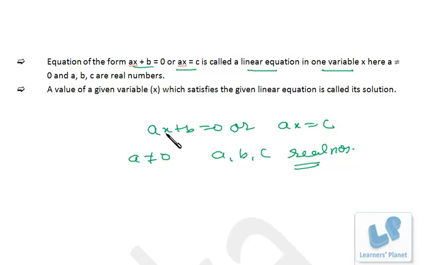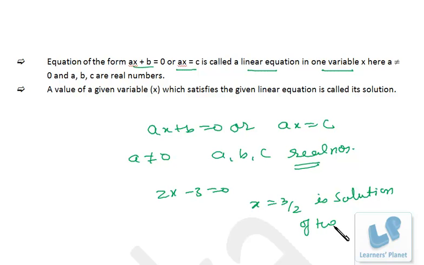And whatever value of x satisfies it will be the solution of the linear equation. Suppose it is 2x minus 3 is equal to 0. That means x is equal to 3 by 2 is the solution of the linear equation.